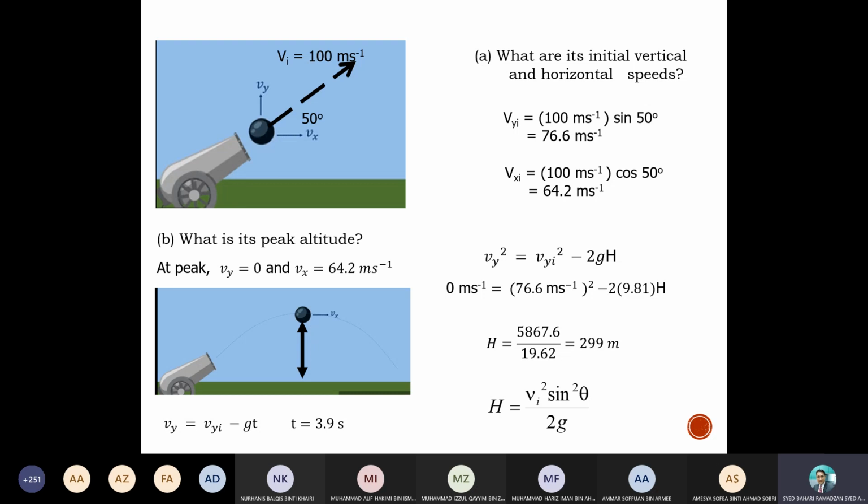So from this you can calculate h, the maximum point, and you can also calculate t. Because when Vy equals 0, the question is much easier to solve. We don't need to use the quadratic, and if you use the value of s, it's also the same. You don't need the quadratic because Vy equals 0.